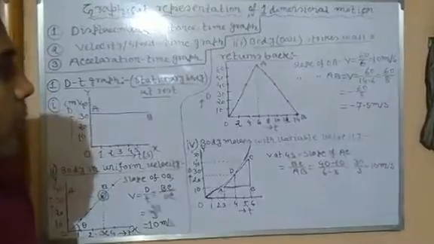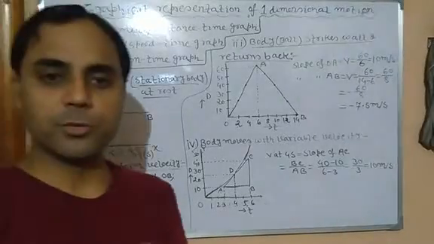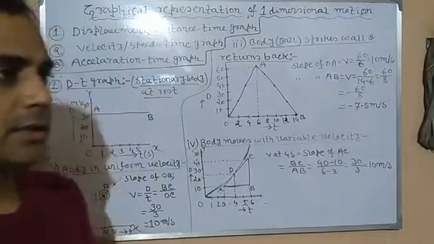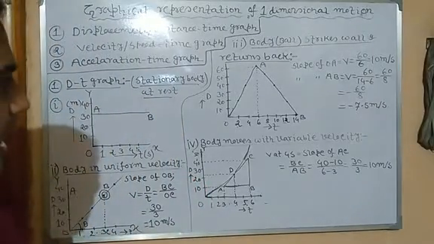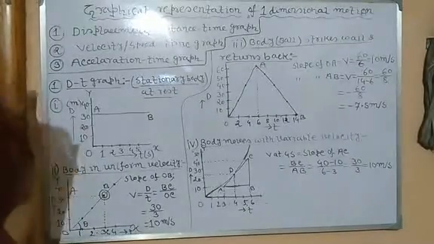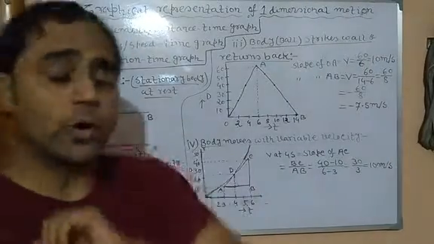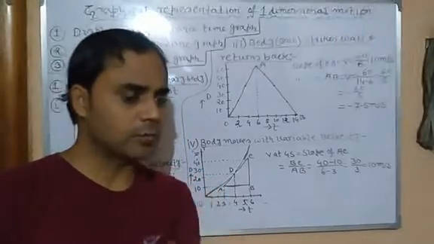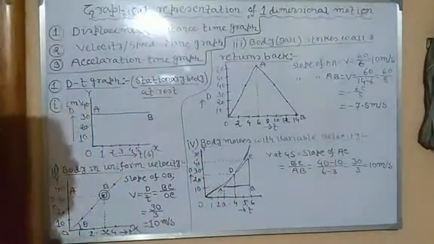So far we have learned about one-dimensional motion, but theoretically. But to get a compact and clear concept about it, we need something else. So that's why we study the graphical representation of one-dimensional motion. One-dimensional motion, we all know, is when motion takes place along a straight line.